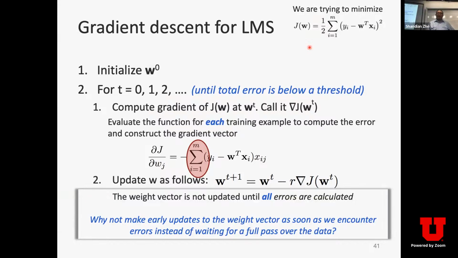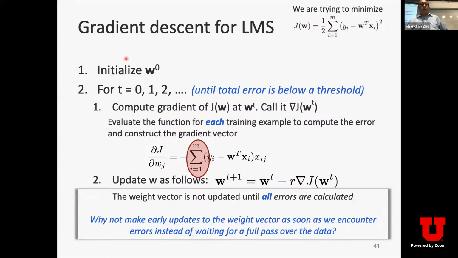So we introduced the two commonly used strategies to optimize this summation of square error objective function, right? One is the so-called gradient descent, right?